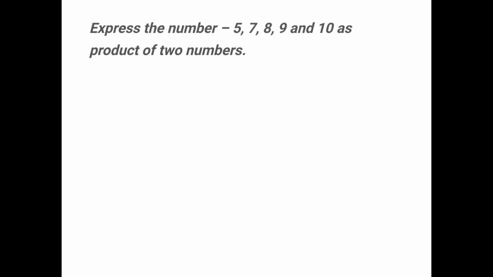So now we are to express 5, 7, 8, 9, and 10 as product of two numbers. When you say 5, two numbers that we multiply together to give us 5. We have 1 multiplied by 5, right? Good.